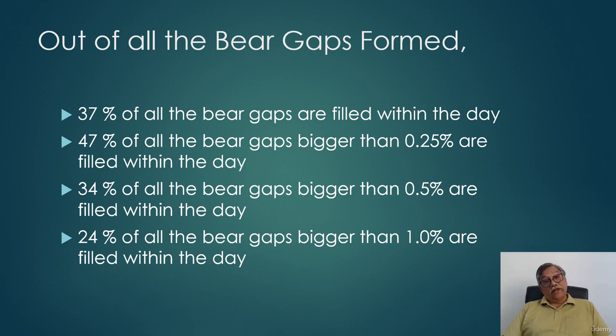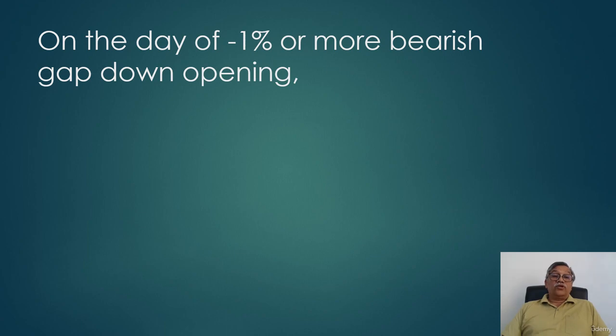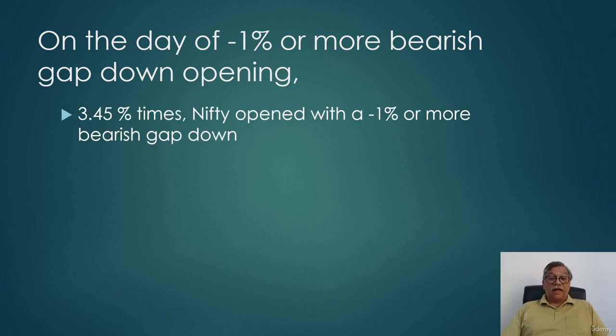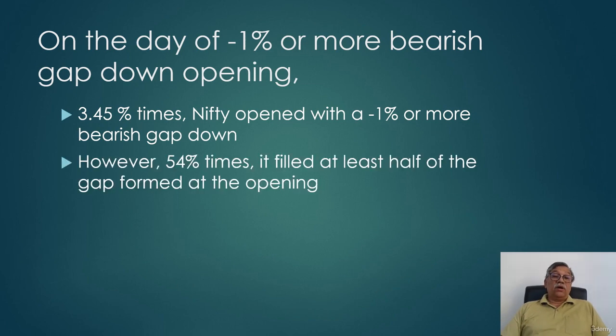What about partial filling? Let us see that also here. So if there is a 1% bear gap down, 3.45% of the times Nifty has opened with a 1% or more bearish gap down. But only 54% of these, it filled at least half the gap formed. Half the times it filled half the gap.